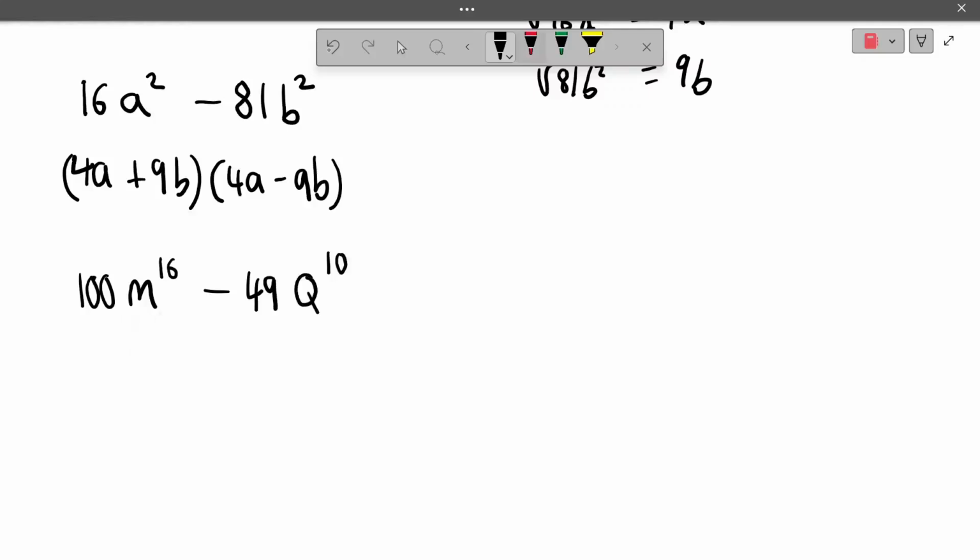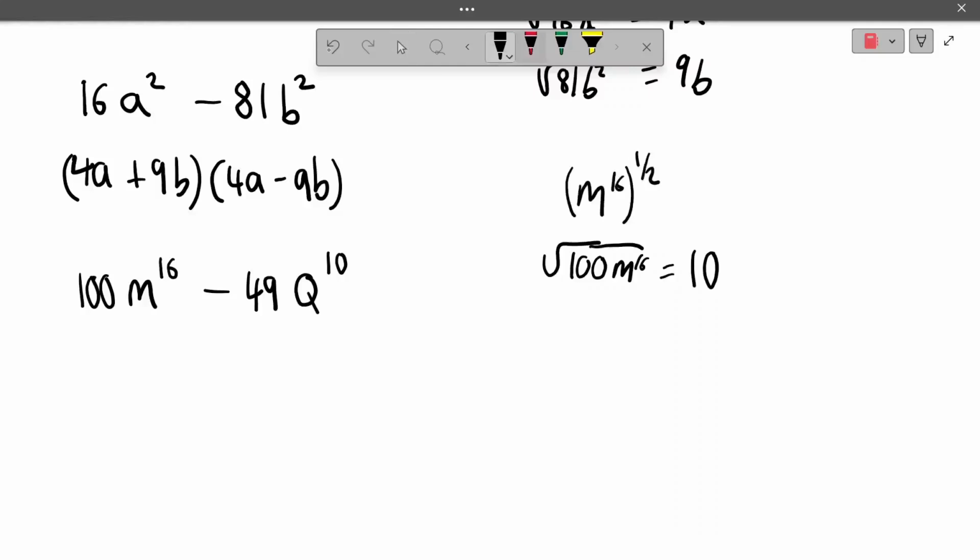Now, if I do the square root of 100 m to the power of 16, this is what sometimes gets people. The square root of 100 is obviously 10, but with our powers, it's like doing m to the 16 times, or in brackets, m to the 16 in brackets to the power of a half.